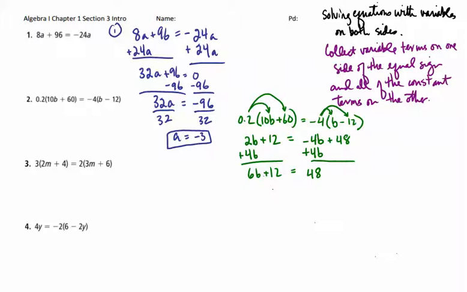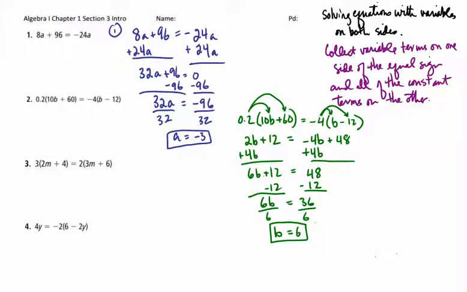At this point, we know that we're going to subtract before we divide, and we have 6b is equal to 36. Dividing by 6, we have b, which looks an awful lot like a 6, but it's not. B is equal to 6. And so that's the answer to our second equation there. So try to follow those steps, and if you need to, you can rewind and replay that section again.